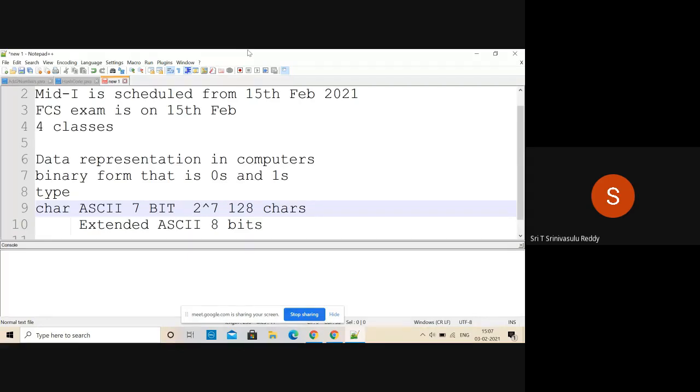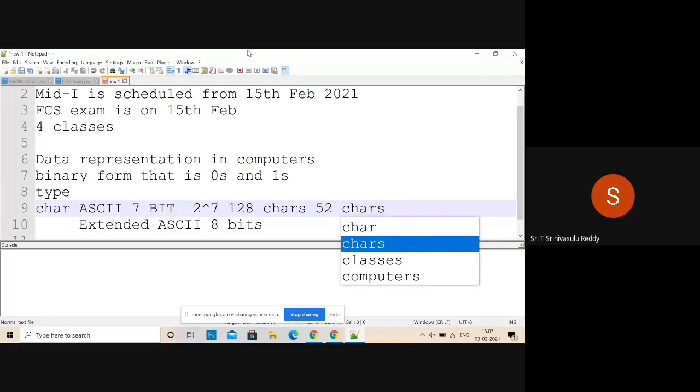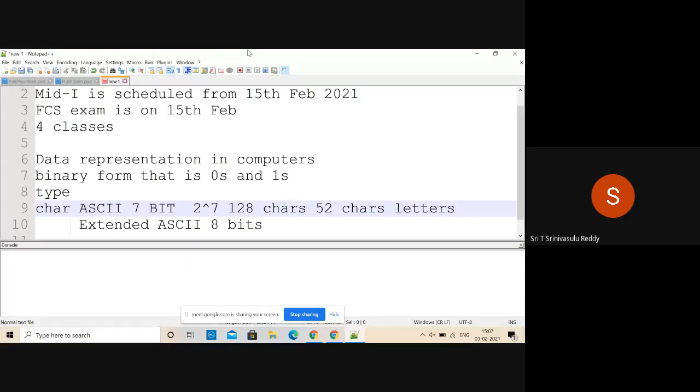Out of them, you can easily say that 52 characters are letters, A to Z in both cases. Then 10 symbols go for digits. What else do you require?